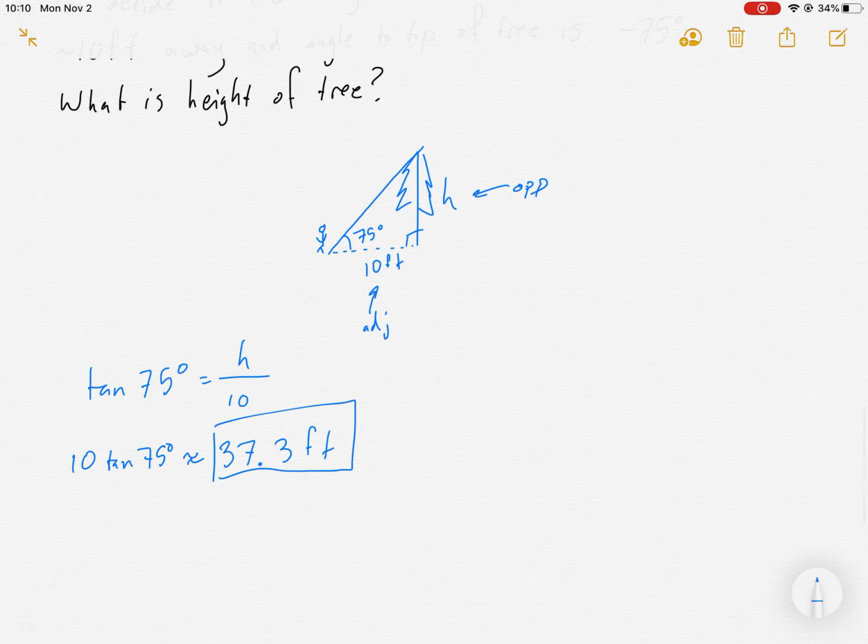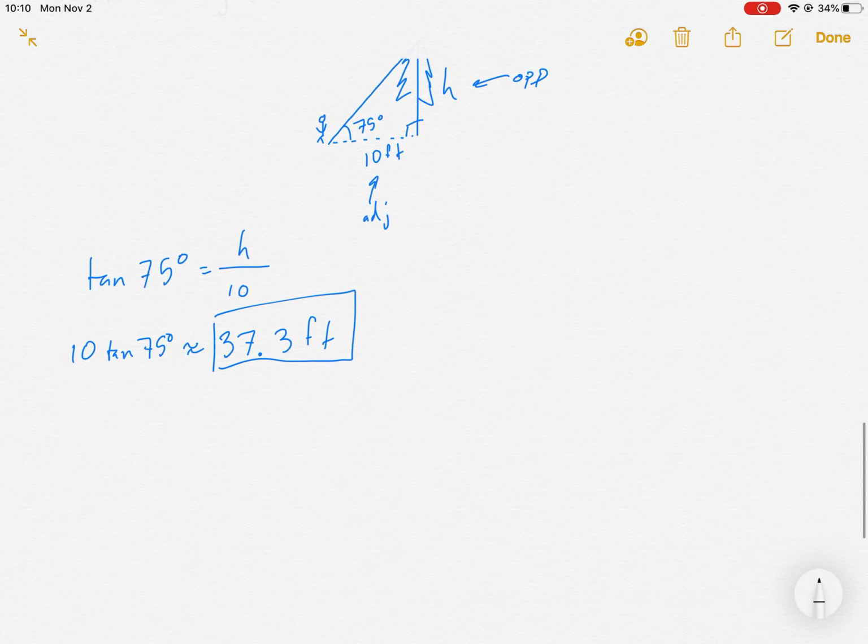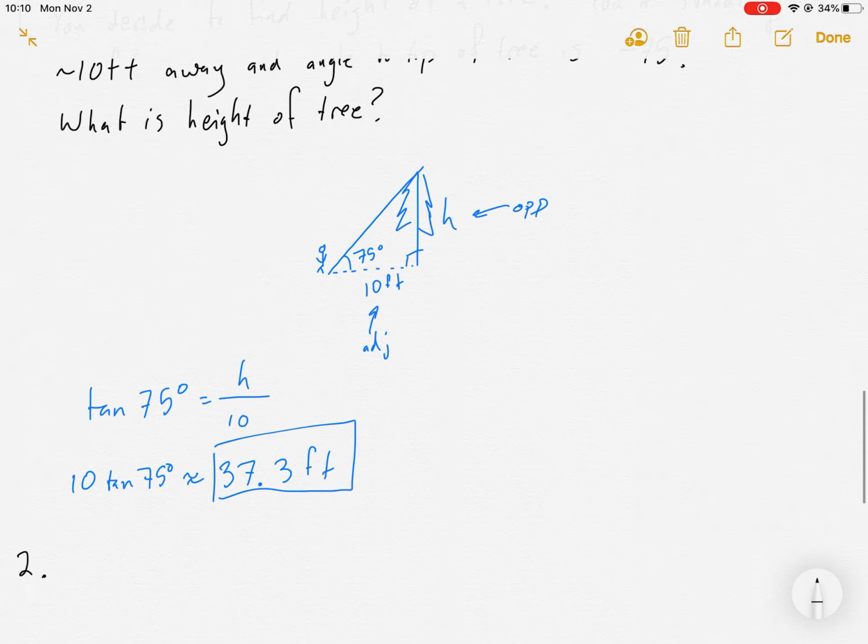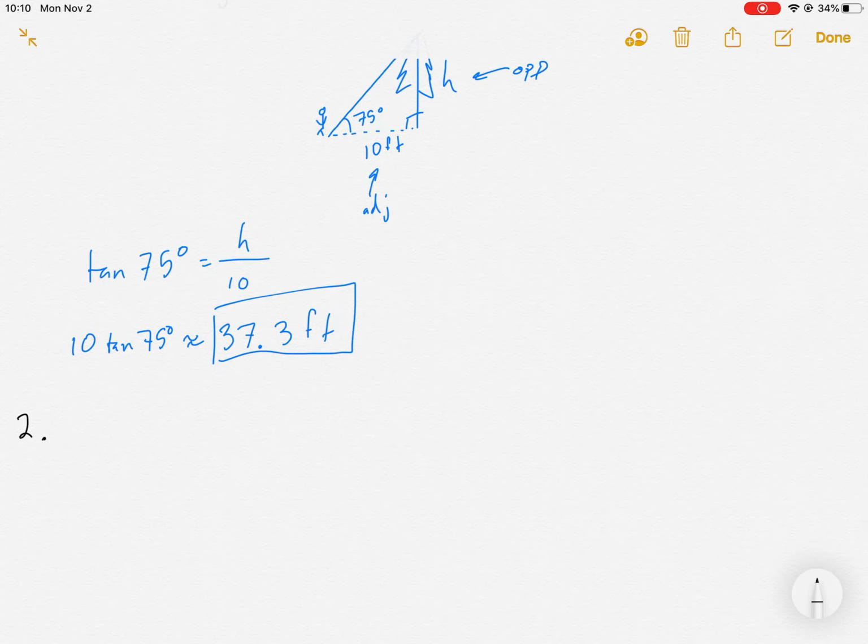Now I'm going to modify this problem. We're going to do a couple more problems involving this tree here. So the second part is, still talking about this tree, you see a crow's nest near the top of the tree.